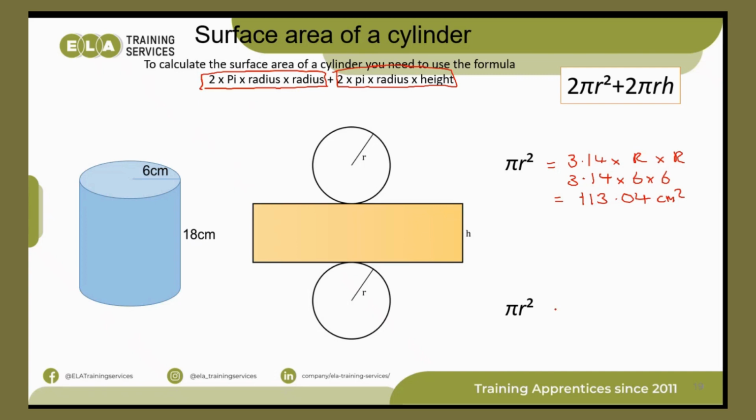I'm going to do that exactly the same again because we want 2 lots of it. 113.04. And then our last bit, we're going to do 2 pi r times height. So we're going to do 2 times 3.14 times by 6 times by our height.